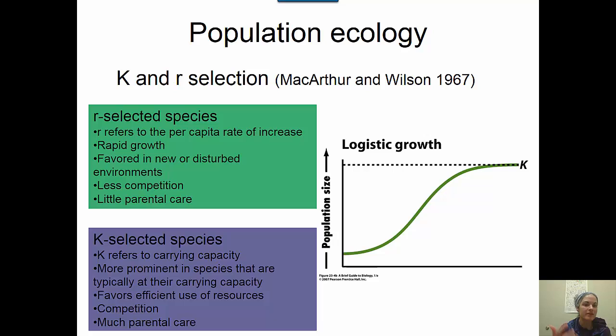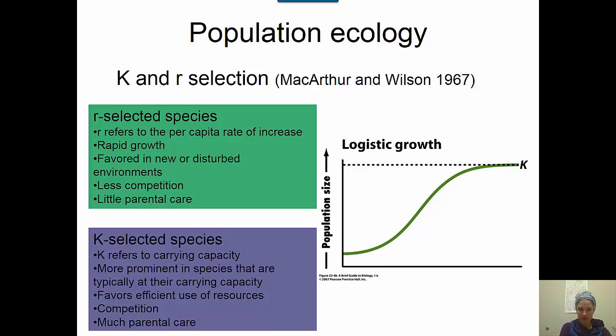Like we just said, this kind of strategy is favored in new or disturbed environments where there's less competition, and generally there's little parental care. In the plant world, that means small seeds.